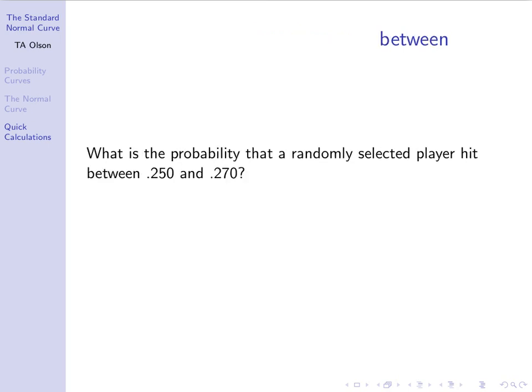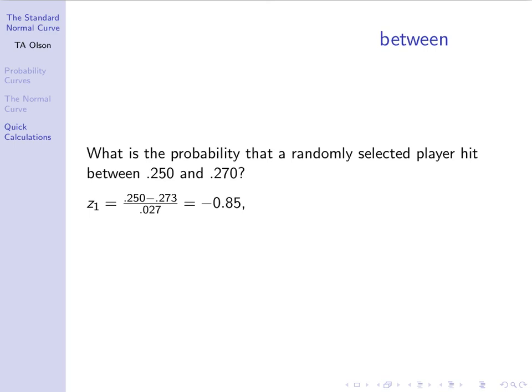Well, what if we want to know about between, right? Here we have an A and a B, and we want to know the part between. Well, we find the part less than the higher one, and we take away the part less than the lower one. And what we're left over with is the piece that we want. But first we need to know the z-scores for both of these things if we're going to use our table. So let's do those calculations.